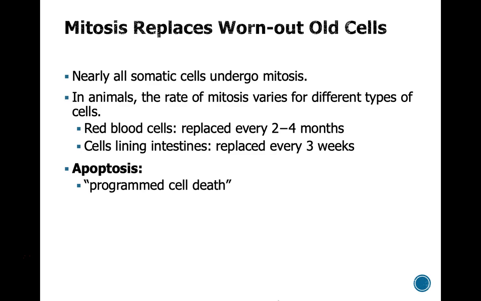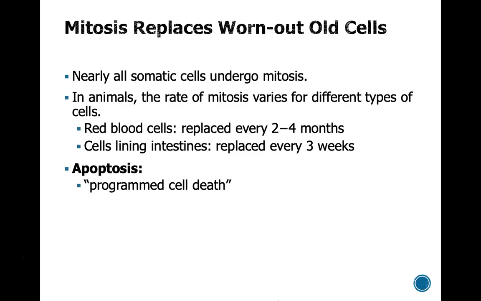The rate at which this occurs depends on the organism, the organ, and the location. As I said in the cell cycle video, some cells never reproduce. Brain cells don't reproduce, heart muscle tissue doesn't reproduce, liver cells reproduce very infrequently. Others reproduce much more rapidly.